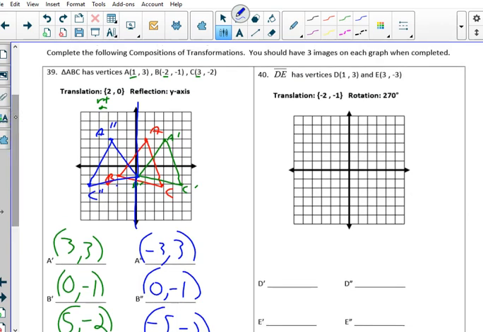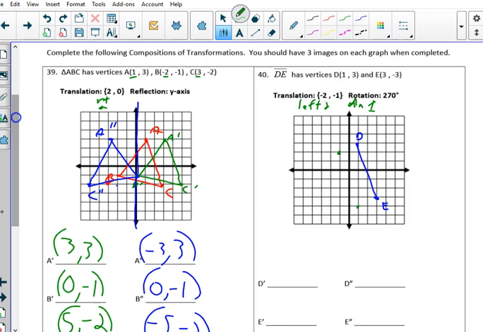Okay, DE has vertices at 1, 3, 1, 3, and 3, -3. Translate -2, -1. That means left 2, down 1. So left 2, down 1.